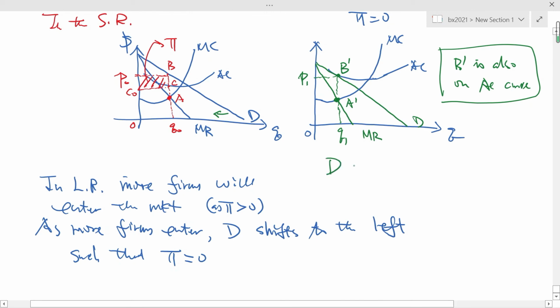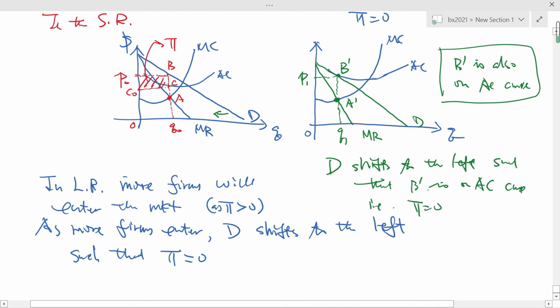So demand shifts to the left such that B prime is on the AC curve, i.e. profit is 0. So now go from Q1 up to average cost curve. The average cost is the same as the price.